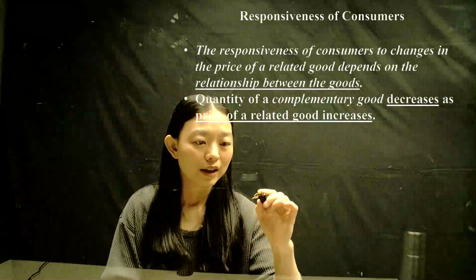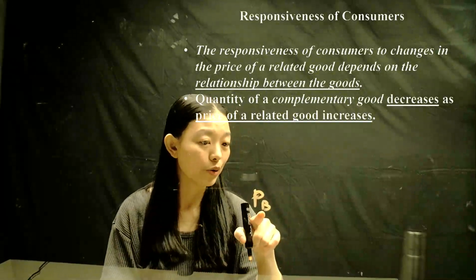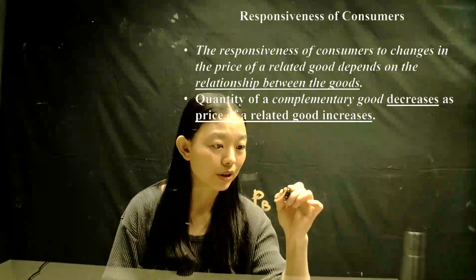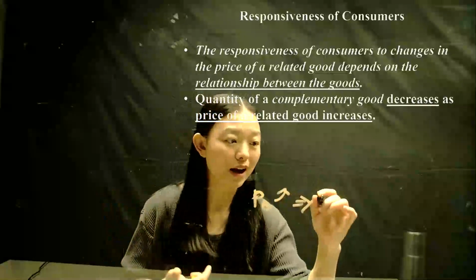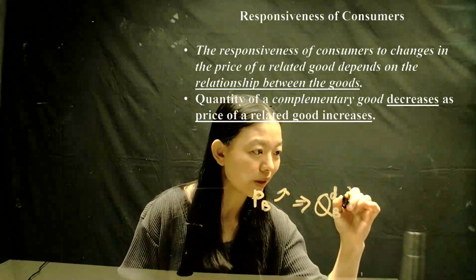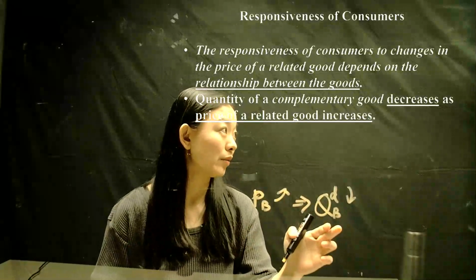I use B here to represent peanut butter. If the price of peanut butter increases, consumers' direct reaction is to decrease the quantity demanded of peanut butter, right? Peanut butter price increases, consumers buy less peanut butter.